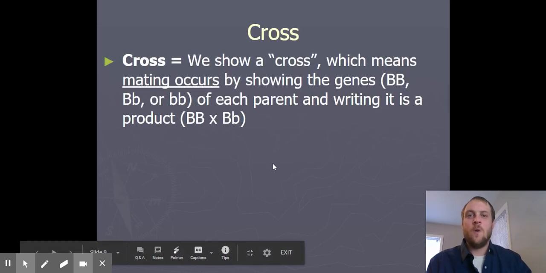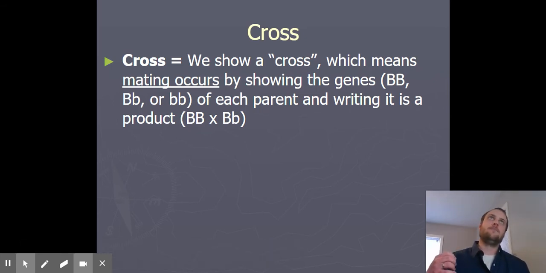What we can do to give us a better idea of what we can expect for future generations, as far as their genes and what genes they will likely inherit from the parent generation, is something called a cross. You might have heard of Punnett squares, maybe in 7th grade. Punnett squares are an easy way to identify the possible outcomes of these different traits in the offspring being created.